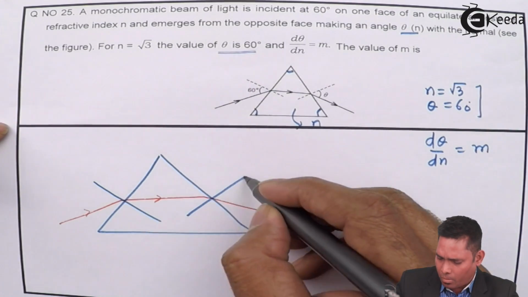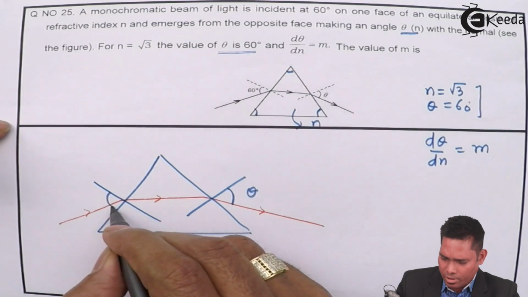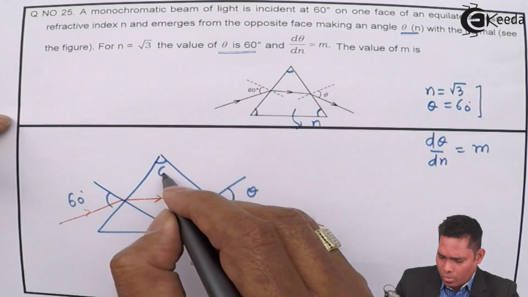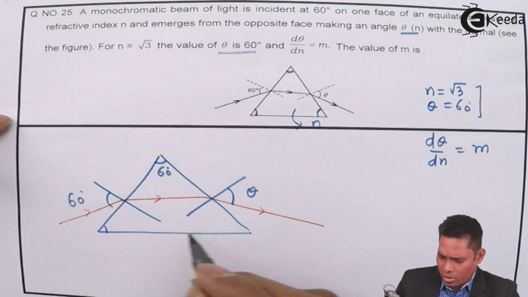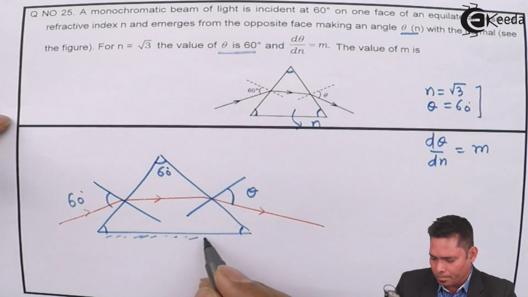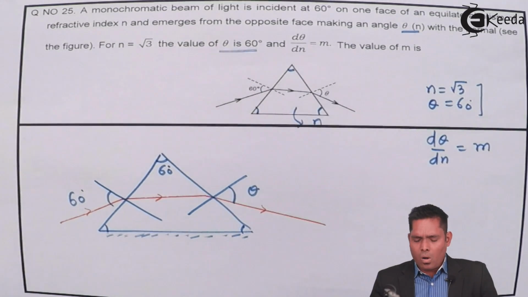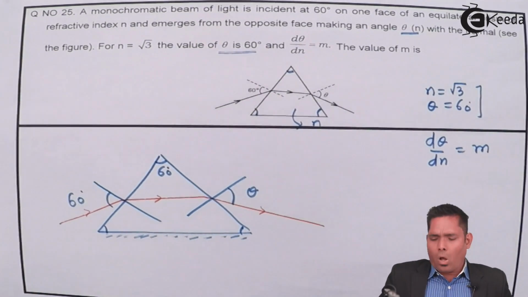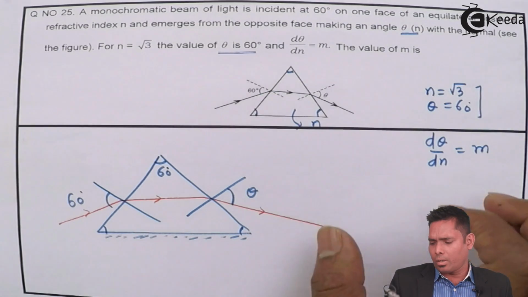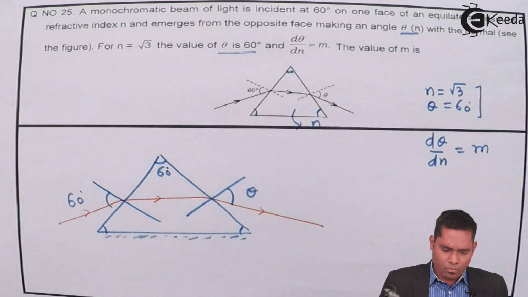This is the normal to this face, this angle is theta, this angle is 60 degrees, this angle is also 60 degrees, this is 60, this is 60, being the base of the prism. Now we'll apply Snell's law and try to derive the relation between theta and n, and then we'll proceed further.